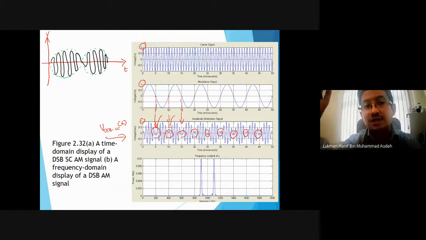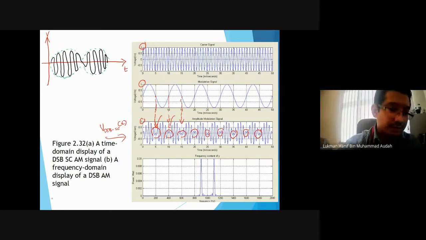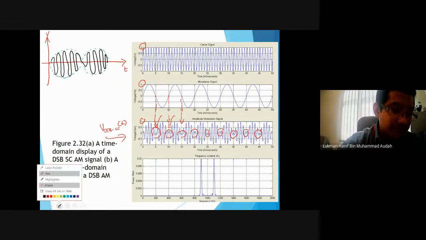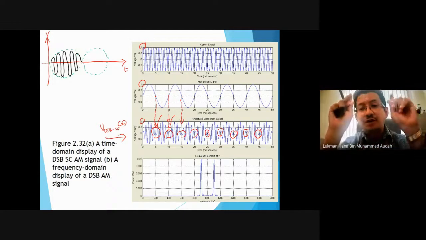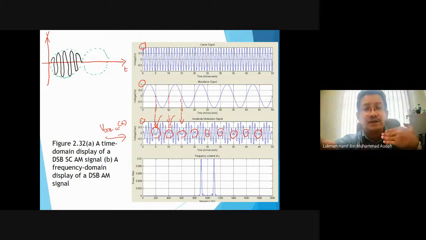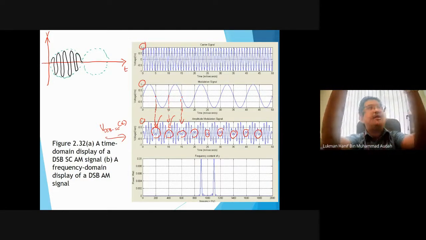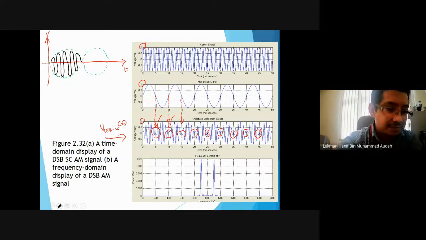Nah, ini kalau tak ada perubahan fasa. Tetapi dalam double sideband full carrier, we have 180 degree phase shift. You know 180 degree bermakna dia terbalik, flip. Maknanya kita daripada pandang depan kepada pandang belakang. So dia flip.